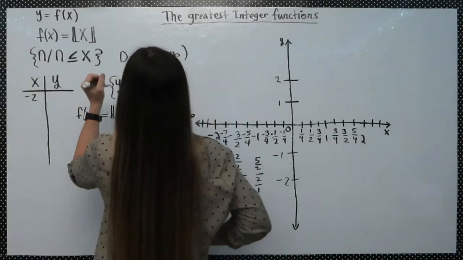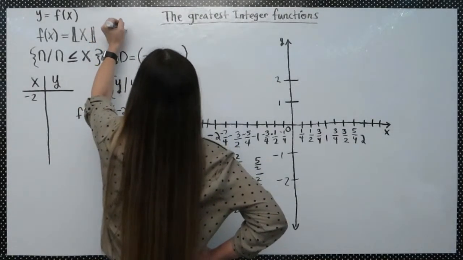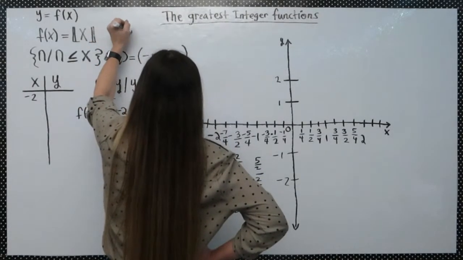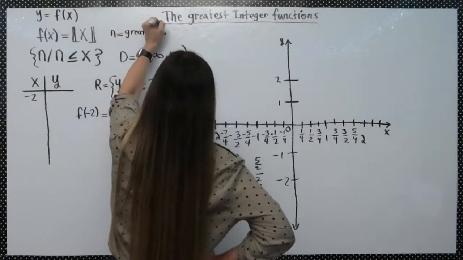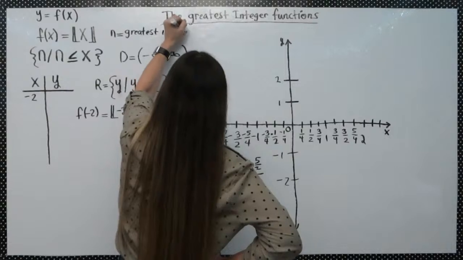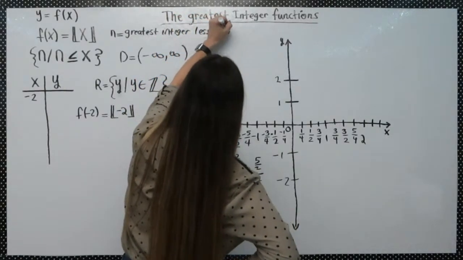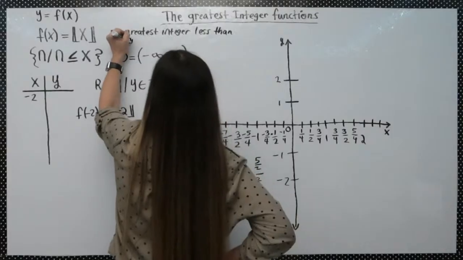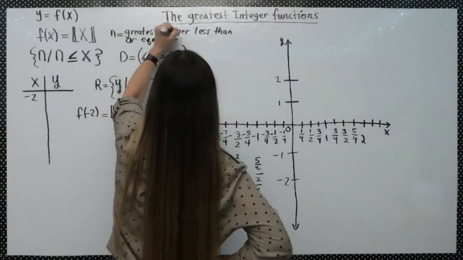So, and I forgot to put this up here, but n represents the greatest integer less than or equal to x.